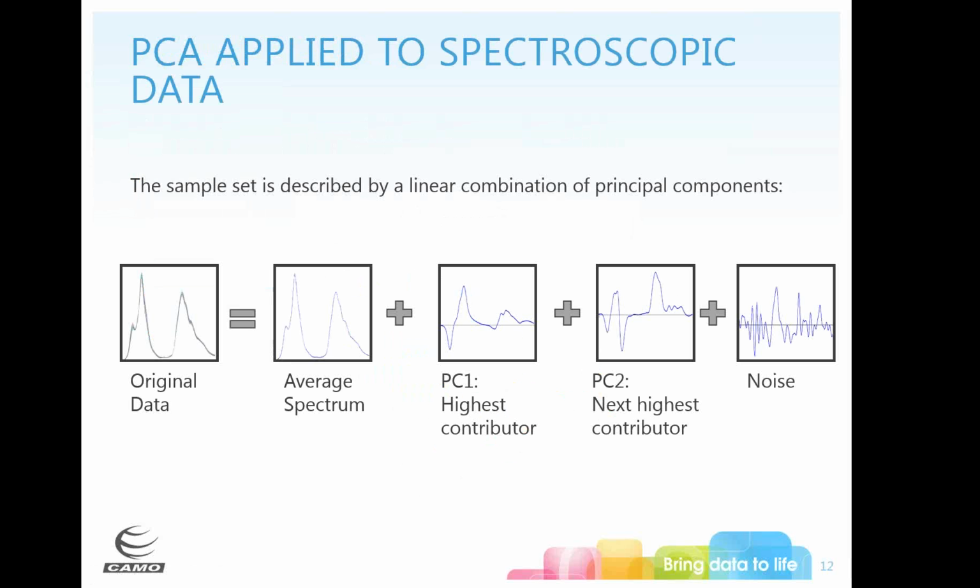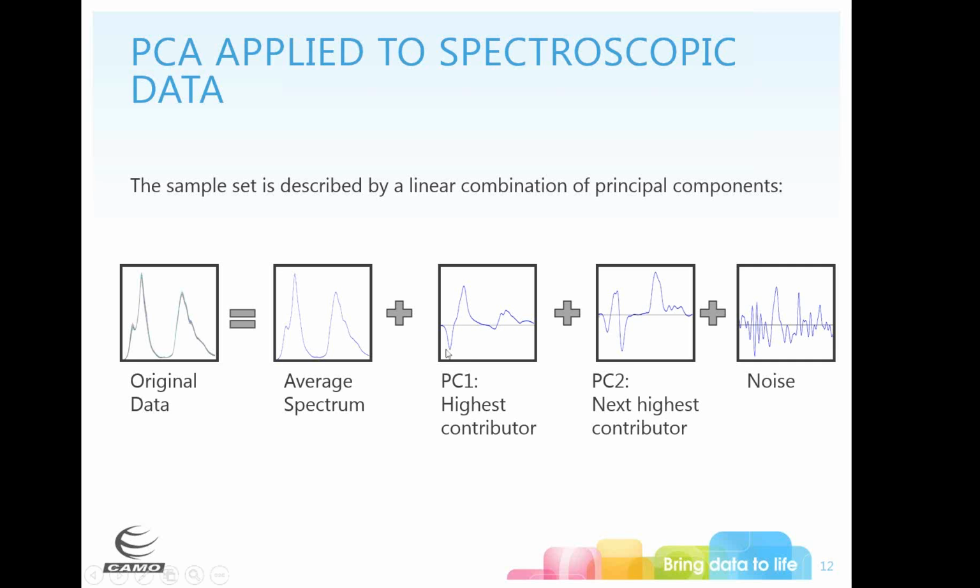So if we're doing some principal components analysis of spectroscopic data, we start with our original data, we mean center. So we find the average spectrum and subtract that from the entire data set. And then we calculate your principal components, and principal component 1 will be the highest contributor, principal component 2 will be the next highest contributor, etc. These loadings should be interpreted just like spectra normally would.